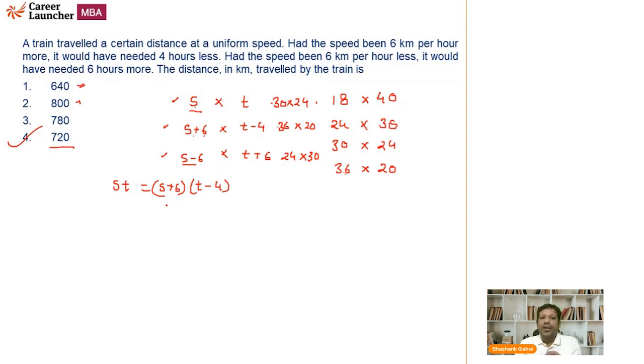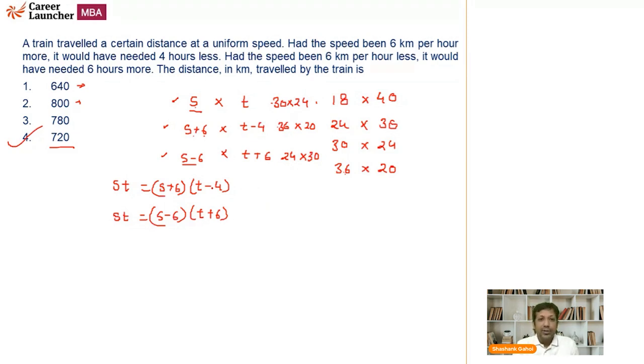So I am going to get one equation in S and T. The second is going to be ST is equal to S minus 6 into T plus 6. Now from here I am going to get the second equation between S and T. ST will be cancelled out. Now I can solve both the equations, get the value of S, get the value of T, and get the answer. But should I do this? Generally, I think hit and trial would do, and that would be a little faster approach.